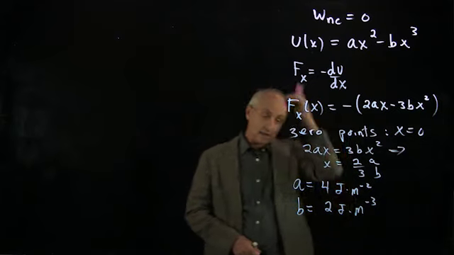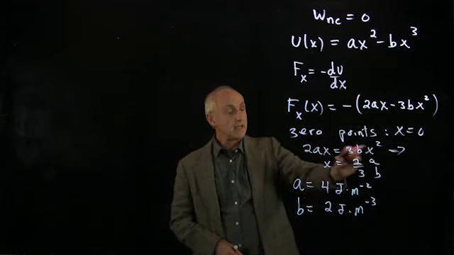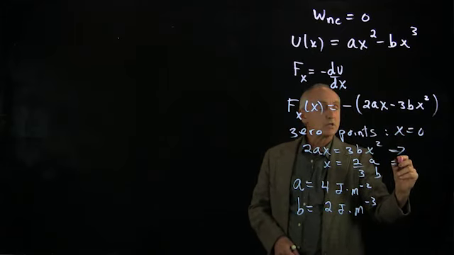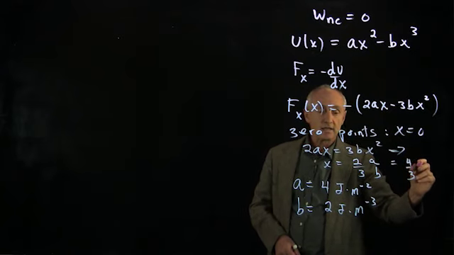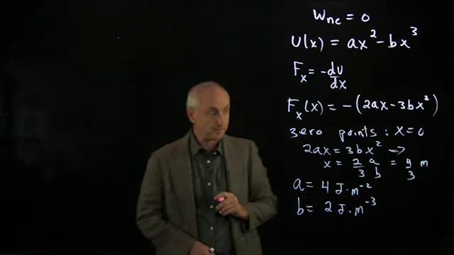If we put those numbers in, we get 8 over 6, which is just 4/3. And that will be in meters, where the other zero point is.